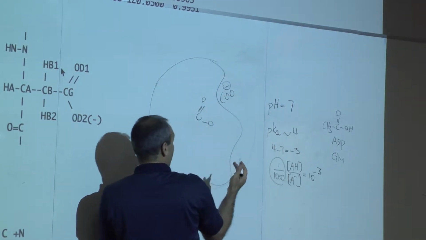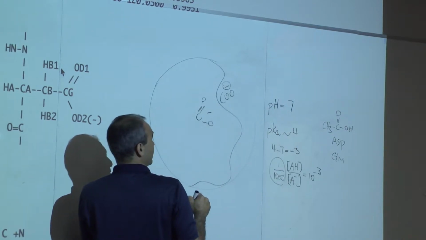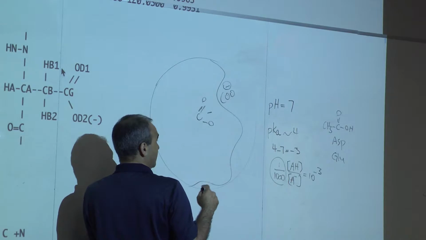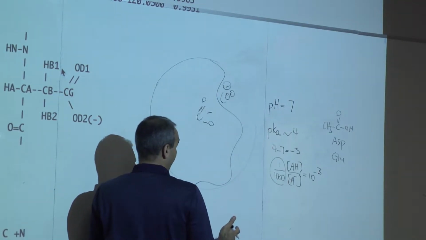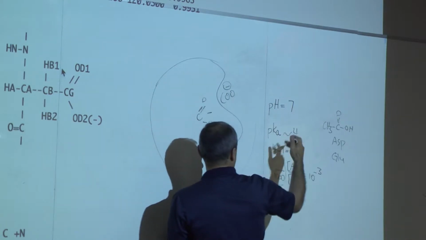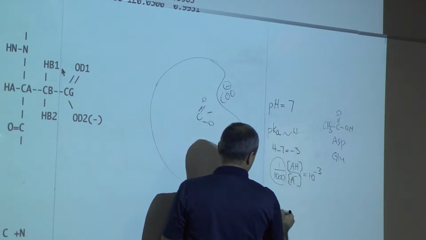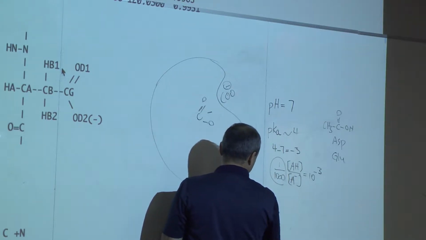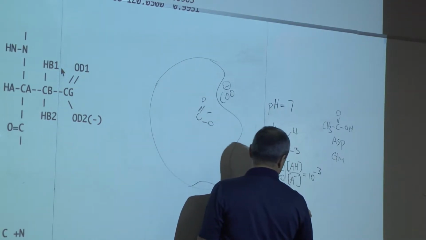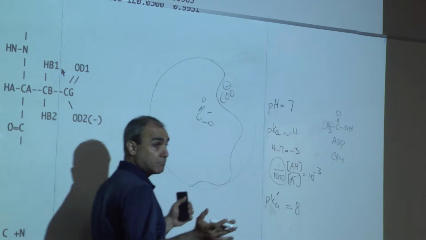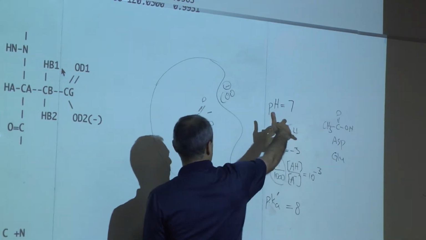Now suddenly the negative form of this residue becomes significantly disfavored. So you can have a shift of pKa. If this shift is strong enough, maybe the new pKa, we call it pKa prime, inside the protein is now suddenly 8. If you put a positive charge here, the pKa is going to go low.